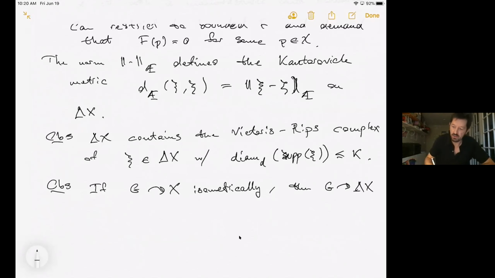And what is this group action? Well, this is an affine group action. It preserves convex combinations. And it's also an isometric action.